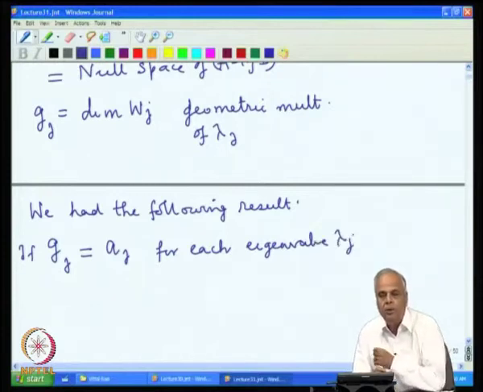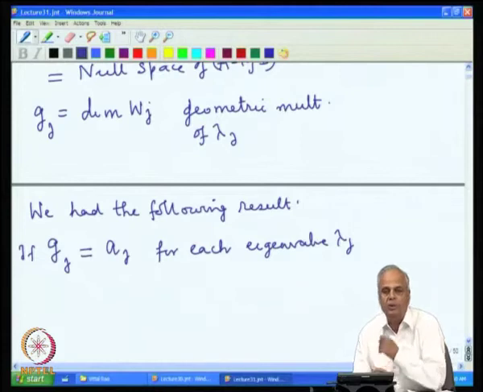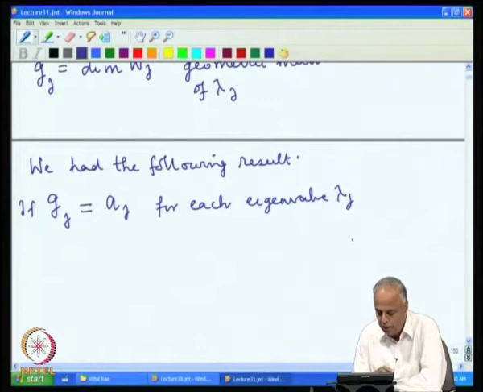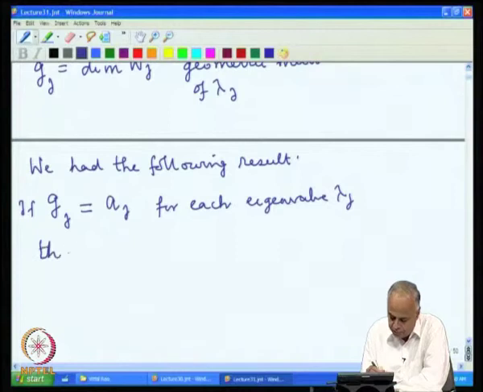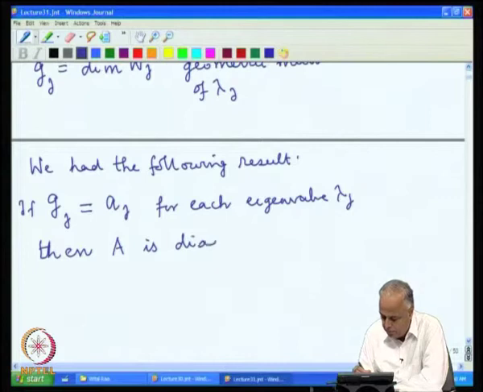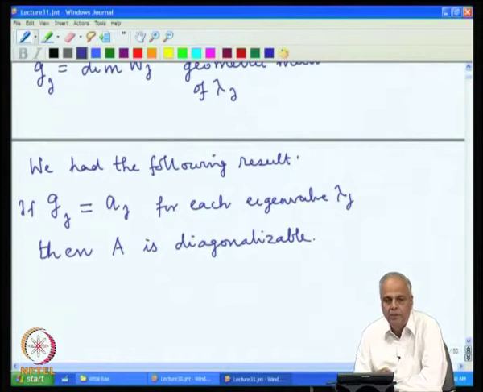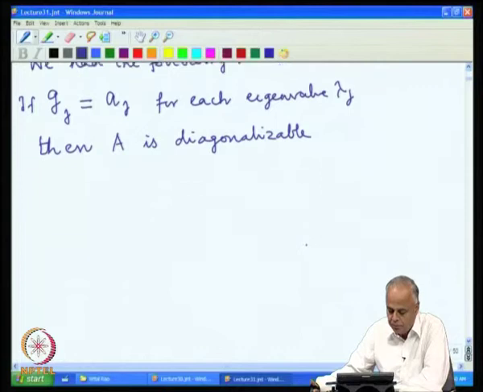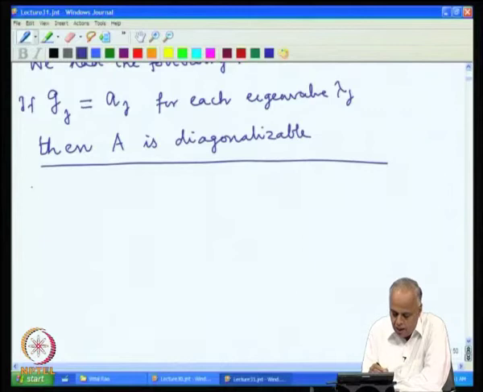So, it is not that G 1 equal to A 1 or G 2 equal to A 2 only; for each j, G j must be equal to A j. For if G j equal to A j for each eigenvalue lambda j, then A is diagonalizable, and we found that the diagonalizing matrix P was made up of all eigenvectors along its columns. This was our main result.